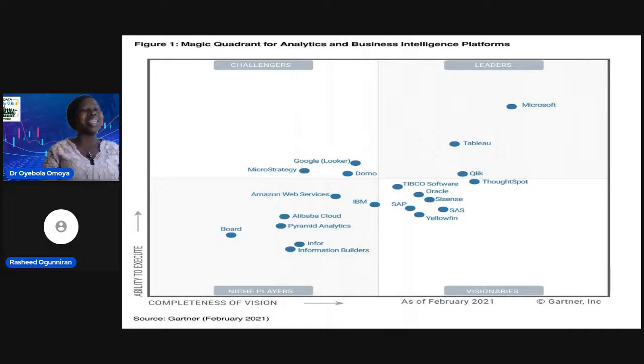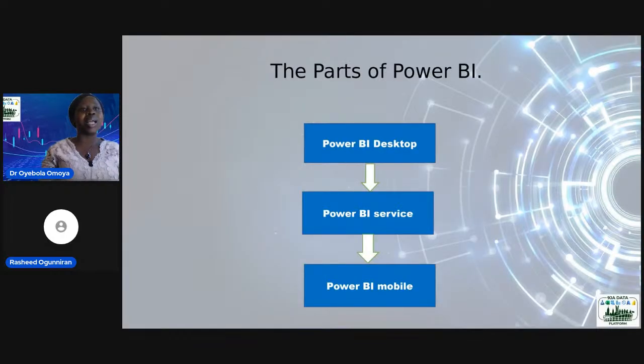They are detailed and easy to execute. Also, it's easy to share, collaborate, and interact with. So as you can see on our screen, Microsoft is the leading business intelligence tool producer for now. So I go to the next slide.